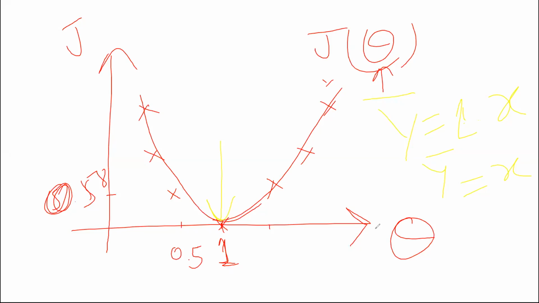My cost and theta function was like this curve, this bowl shape. Now because it is in three dimensions, it will be in one more axis. So just take a different color.